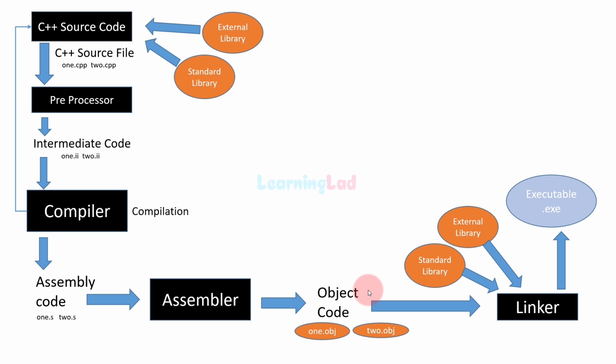Then what it does is, we said that we are going to use the features from the standard library and the external libraries. It links the features of all these libraries which we have used in our program. It links them all together and generates the executable file. Now when we talk about external libraries, there are two types, static libraries and dynamic libraries, and we will learn about them later.